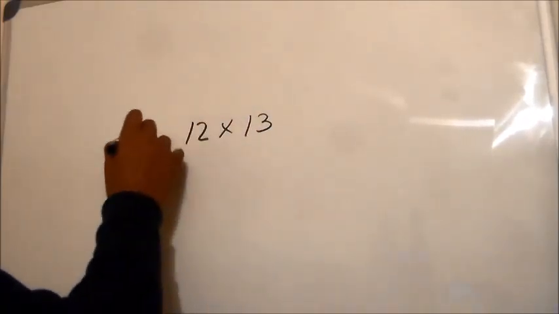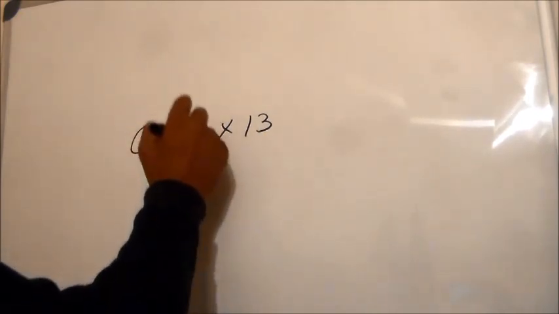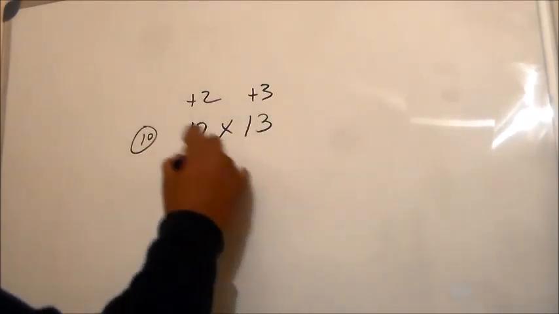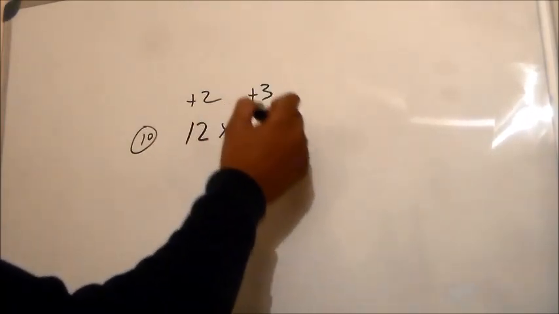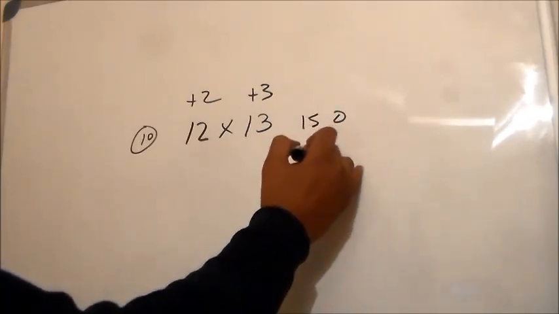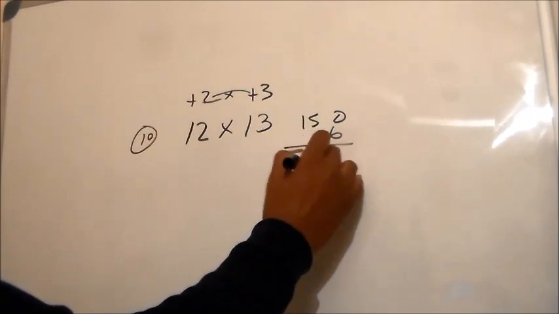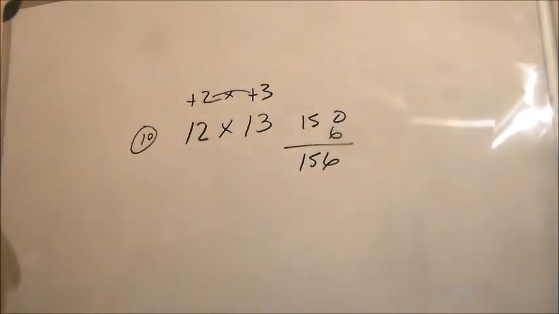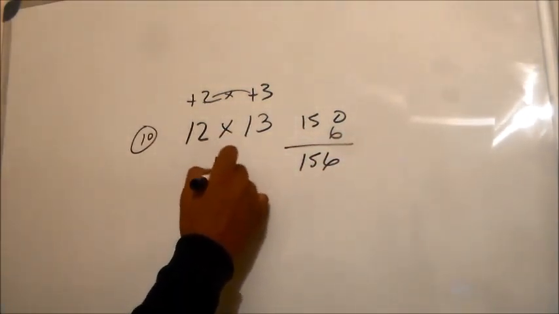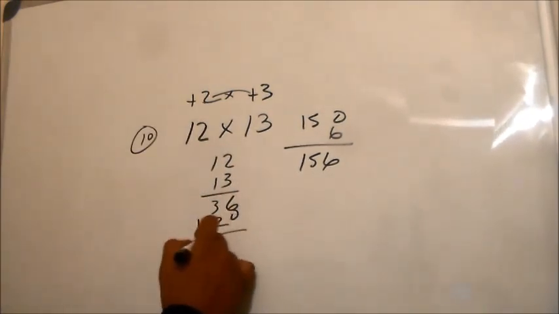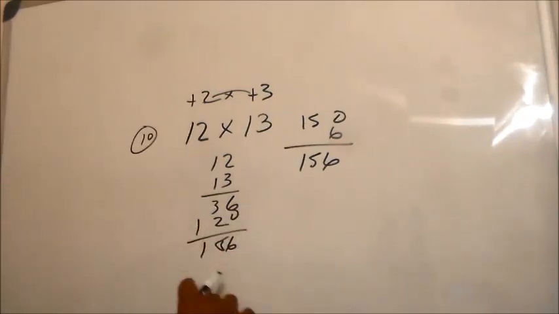Alright, what I do is I set up a reference number of 10. 12 is 2 above, 13 is 3 above. 12 plus 3 is 15, add a 0. 2 times 3 is 6, 156 is my answer. Alright, if you want to do it the old-fashioned way, 6, 3, 1, 2, 1, 5, 6. Same thing.